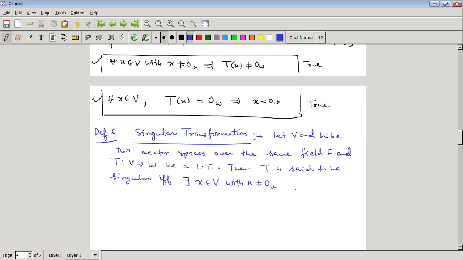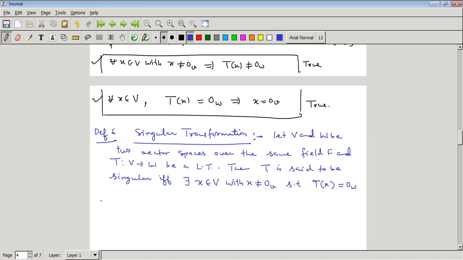Right? So we have a non-zero vector x not equal to 0V, such that its output T of x is equal to 0W. We have a non-zero element in V, but whose image is the zero vector in W, then such a transformation is said to be a singular transformation.